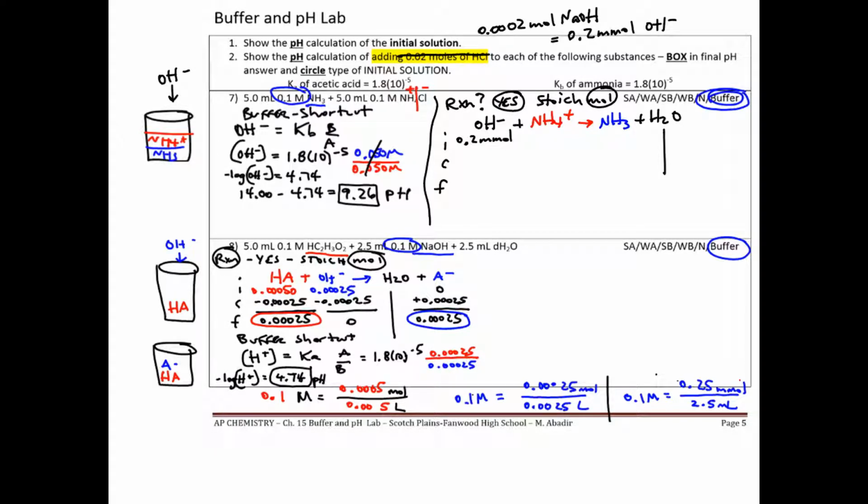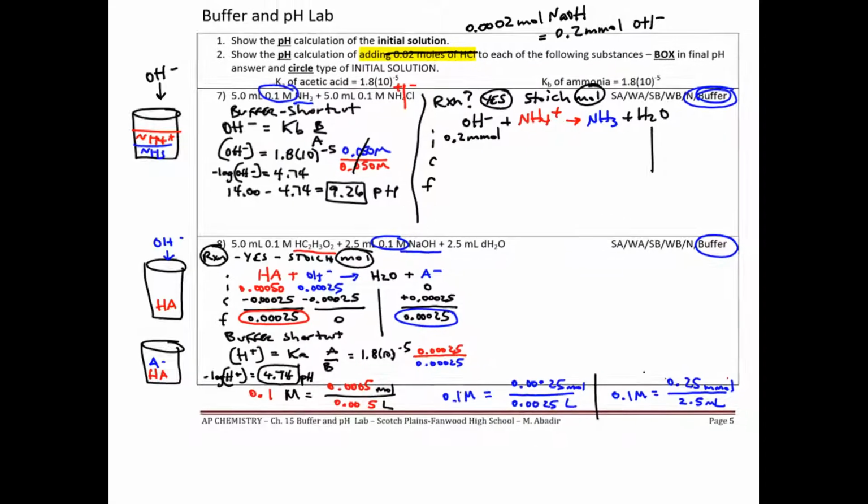Now I need to know the original millimoles of my acid and base. So I'll do that over here. My original moles of NH4 plus came from the molarity equals millimoles over milliliters. I had 5 milliliters. I had a 0.1, so it's going to be 0.5 millimoles, which goes right here.